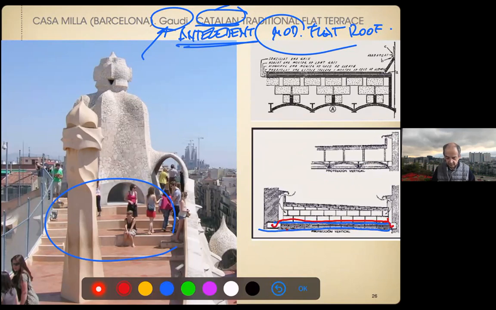You have the real surface of the roof with a slope. In this case, the slope is quite strong. It's about 2 to 4%. And this is just ceramic floor, right? This is some bricks.